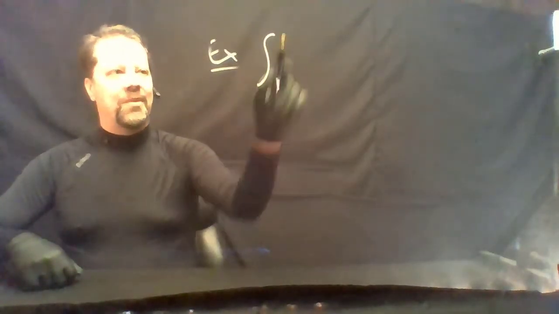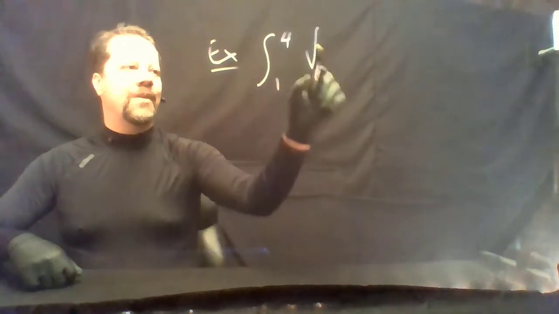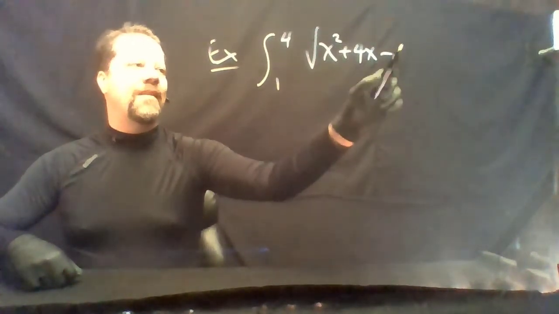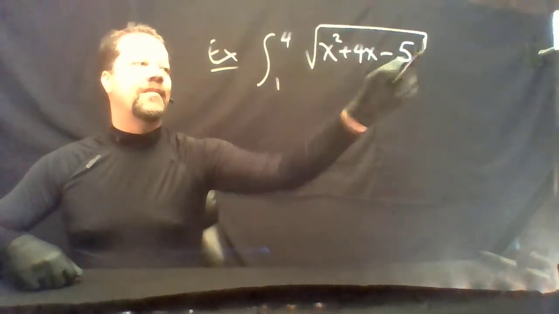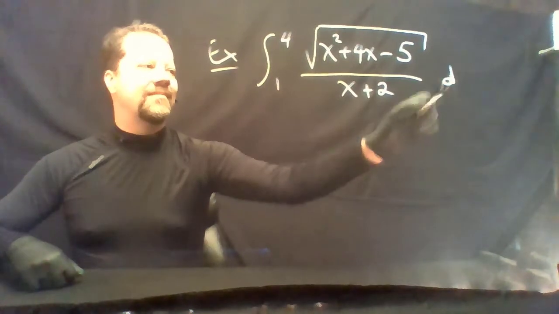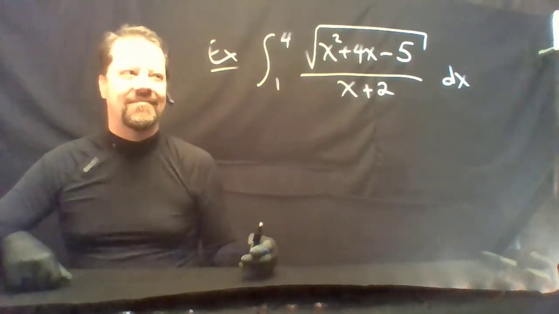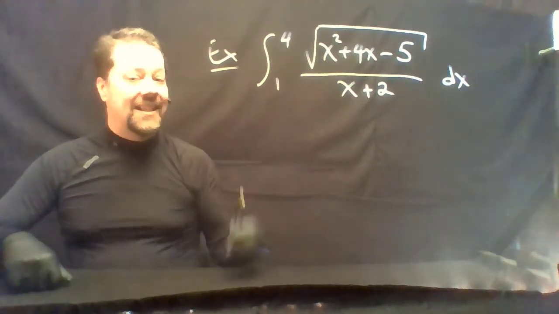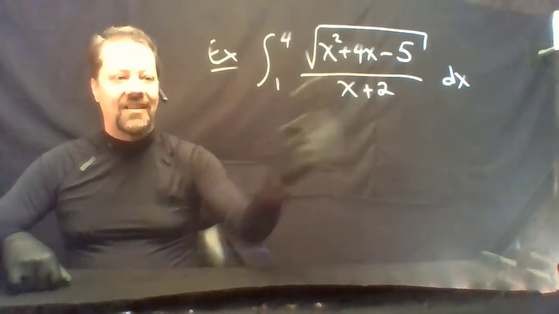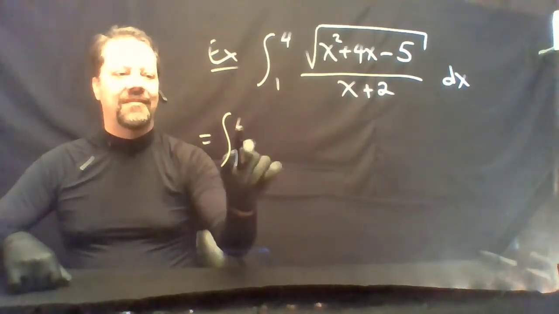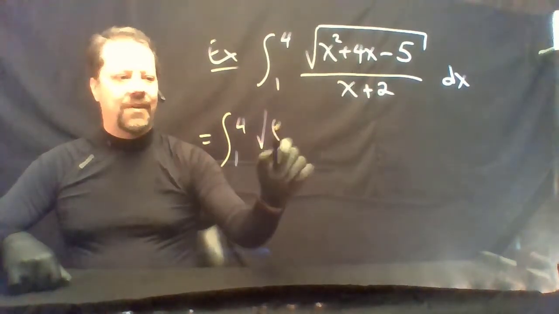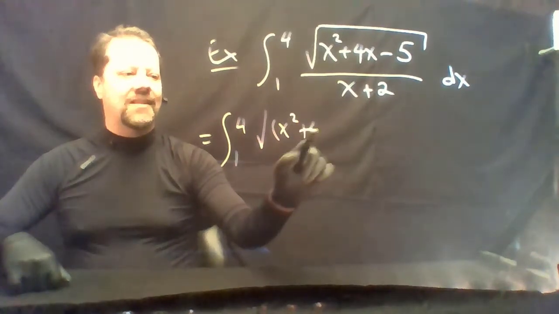In our next example, we'll integrate from 1 to 4, the square root of x squared plus 4x minus 5 all over x plus 2 dx. To get this to work right, you first have to complete the square under the radical. X squared plus 4x.